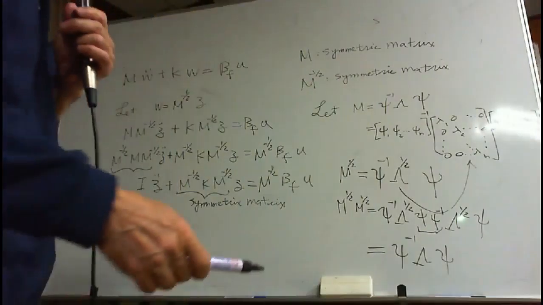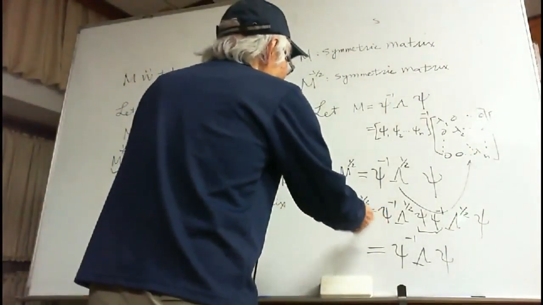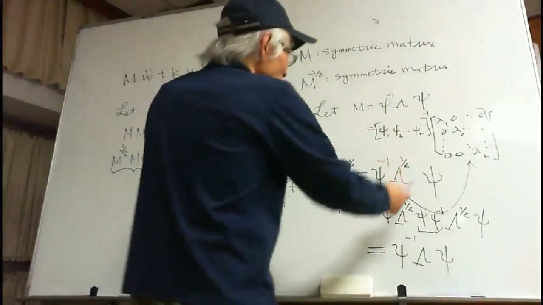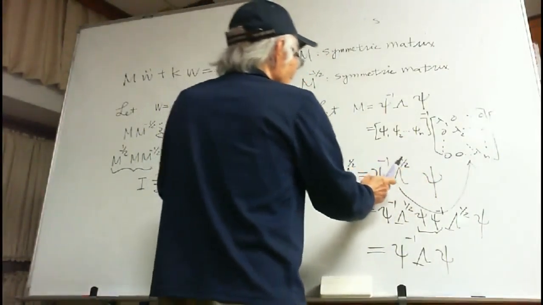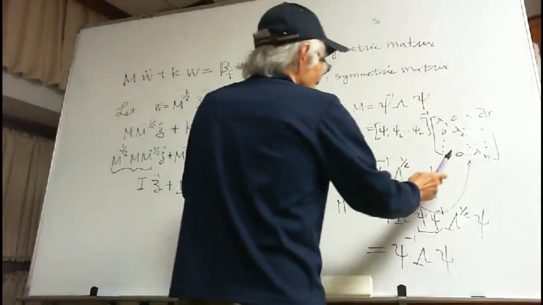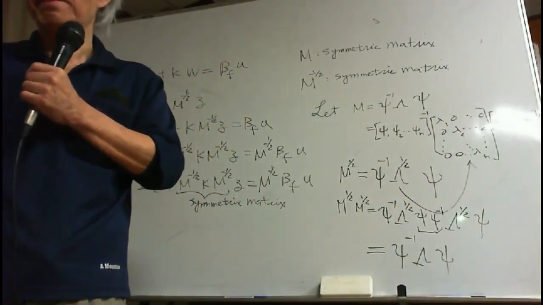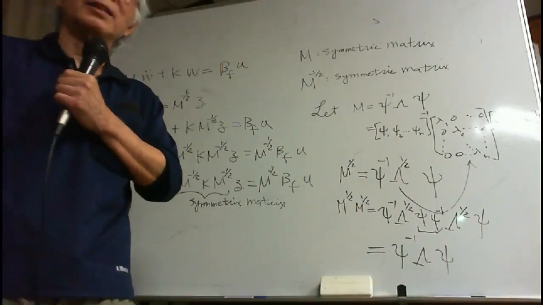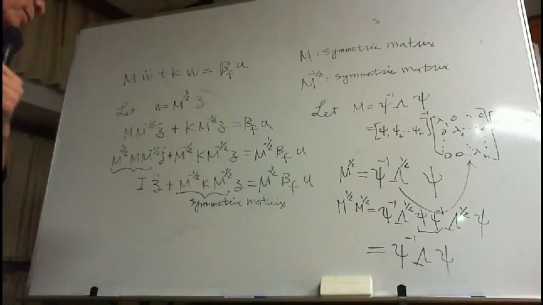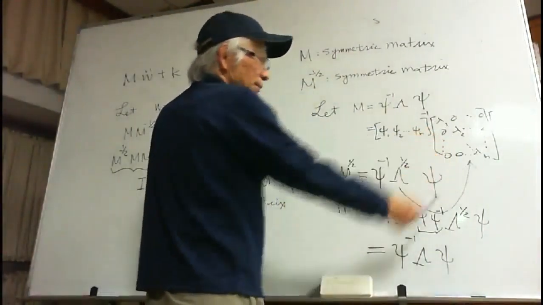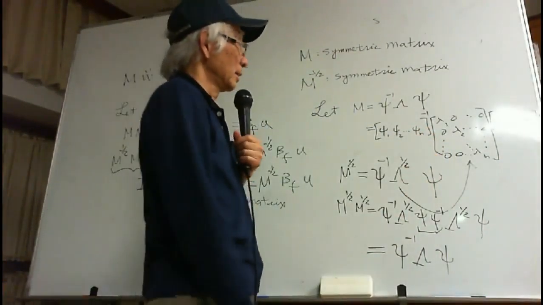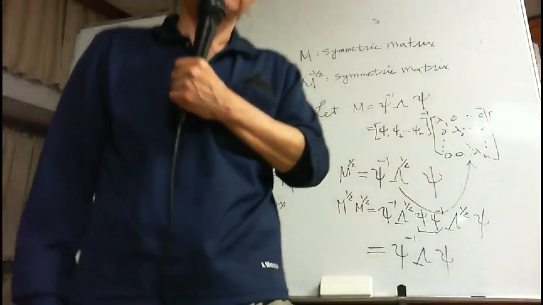Then how can I solve for the half? Just make this inverse easy. This is eigenvalue decomposition, not singular value decomposition.